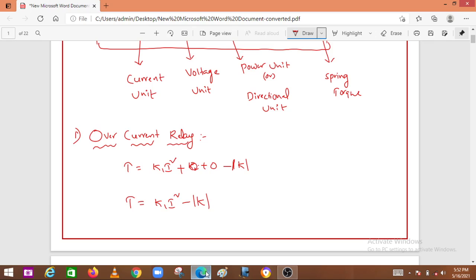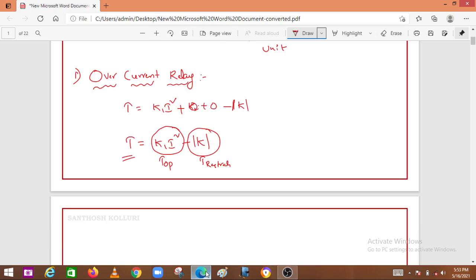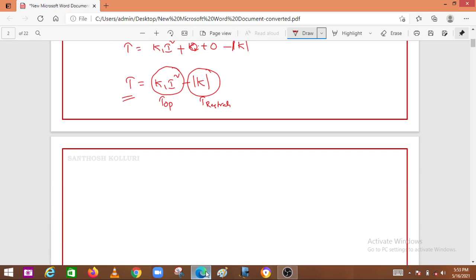Here, K1 I² is the torque required for operating the relay, called the operating torque, and K is the torque required for restraining purpose, therefore called the restraining torque. The resultant torque is the total torque. Under threshold condition, the net torque will be 0.